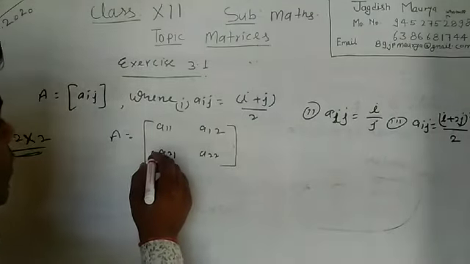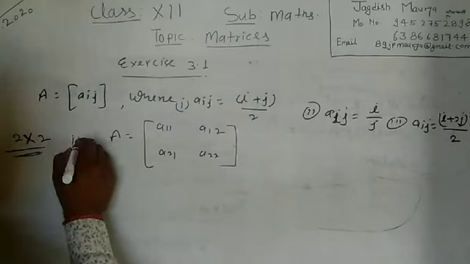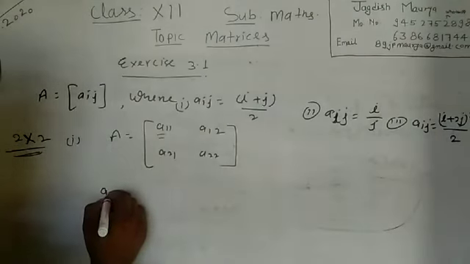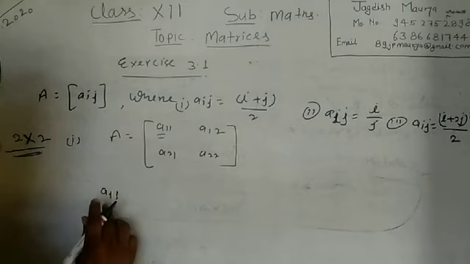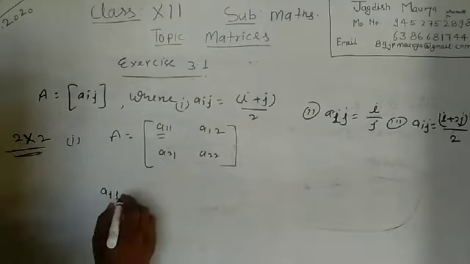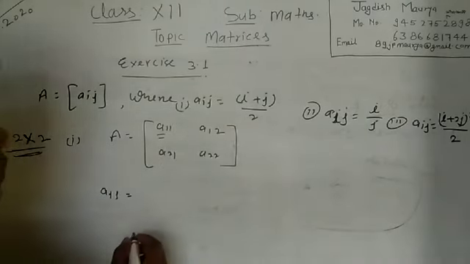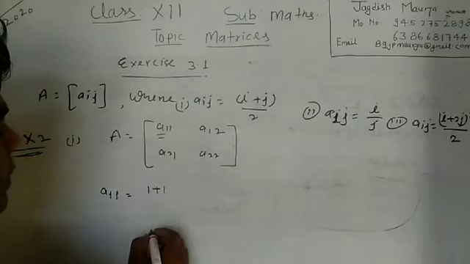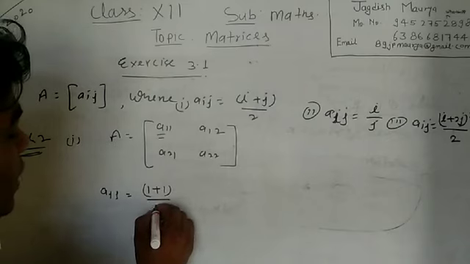Here we have to find first A11. A11 means i equal to 1 and j equal to 1. Here Aij equal to (1 plus 1) upon 2.